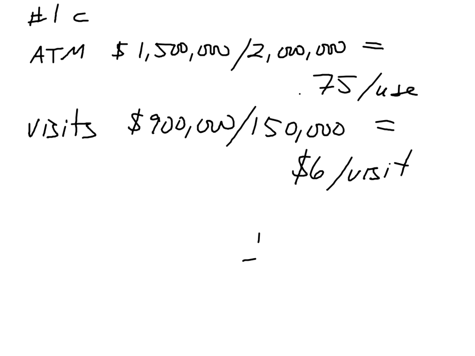You have to pay for security in the bank. You have to pay for a teller. You have to pay for quite a lot of things. So bank visits are very expensive, and that's why banks nowadays have been pushing ATM transactions, because it's so much cheaper.